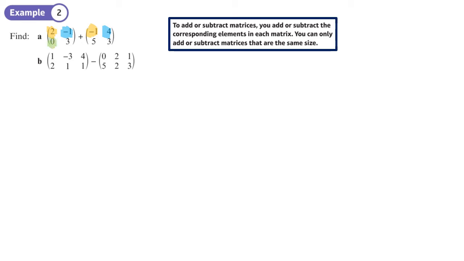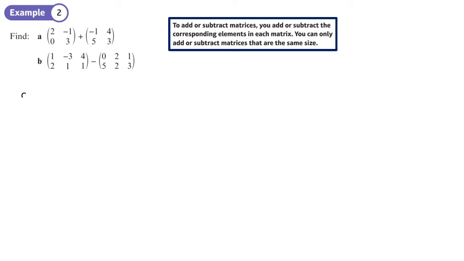You would add these together, and then you would add these together. So every element must be added to the corresponding element in the second matrix, which does mean that you're not going to be able to add matrices where they're of different sizes, of different dimensions.